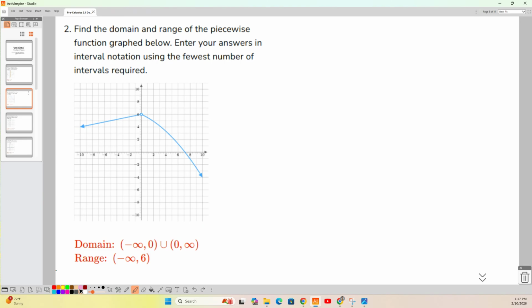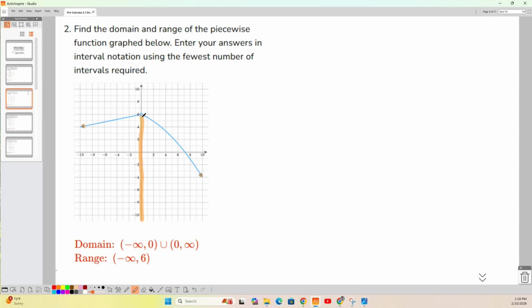Now, for the range, all the possible y values. Because of these arrows, again, the graph is going to continue forever, and it's going in a downward direction, so we know that we can come from -infinity. The graph exists.